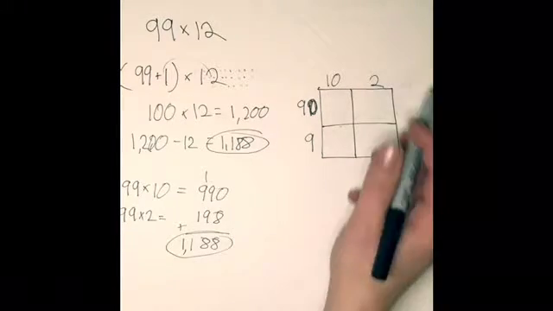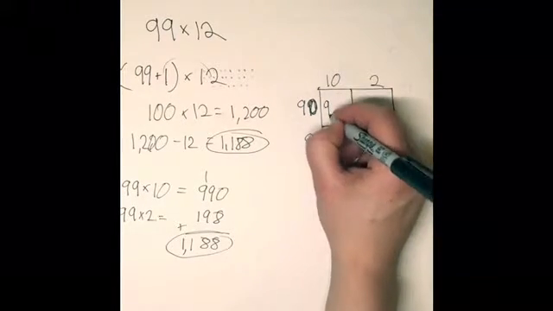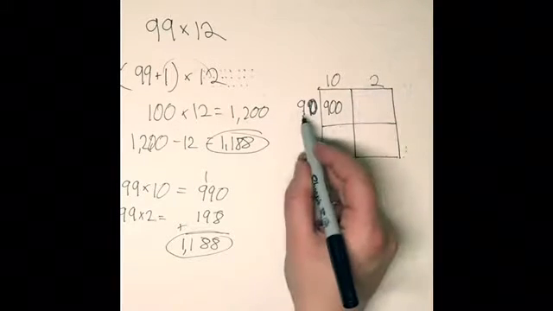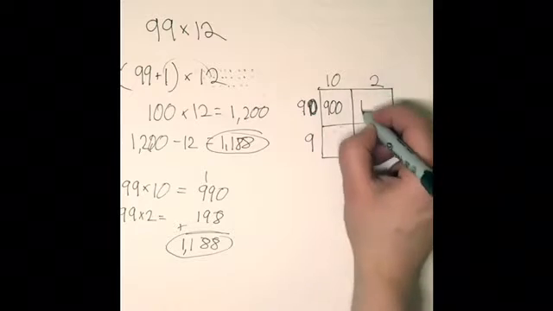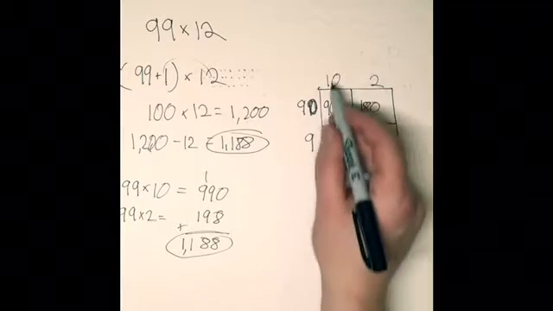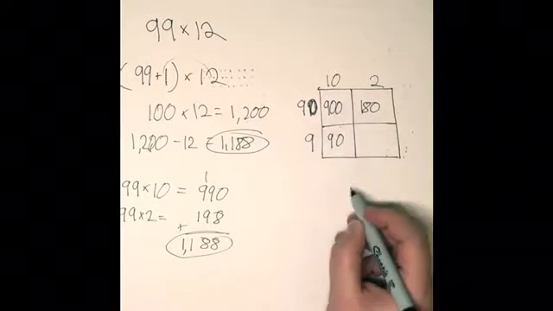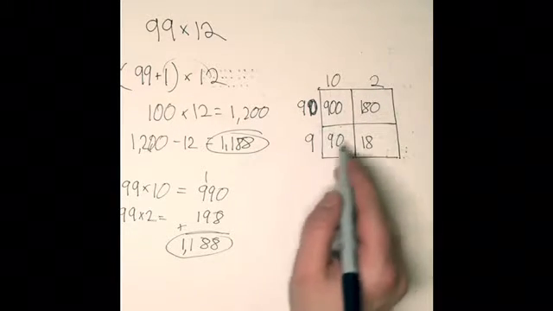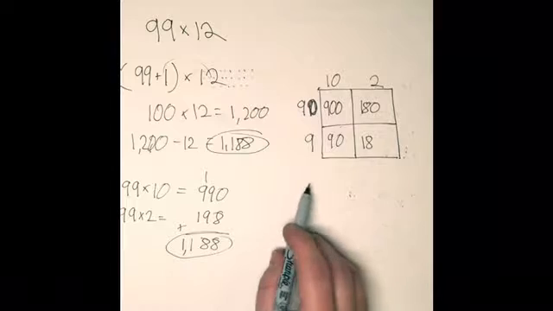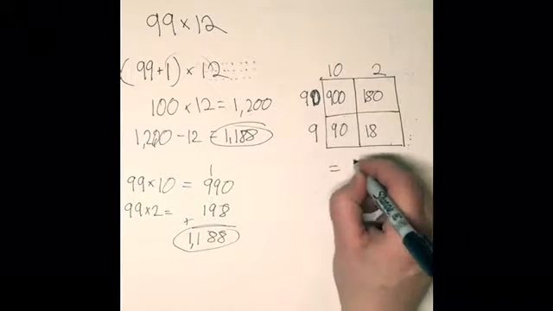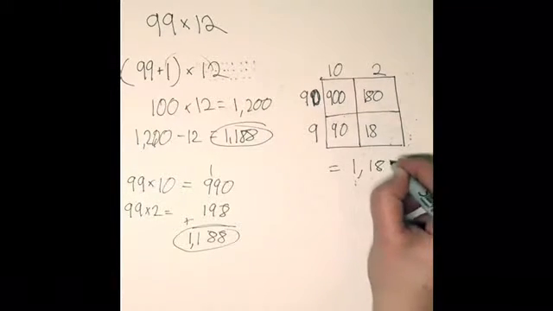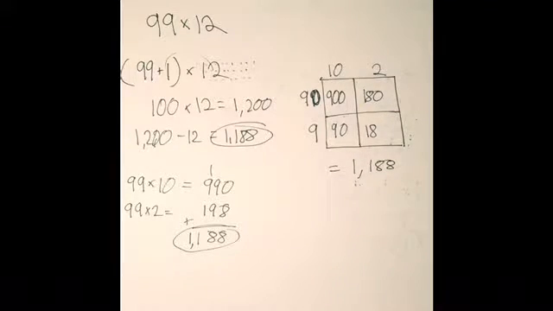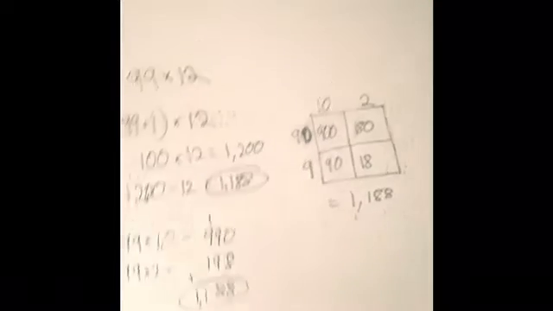So one student might draw this type of model and see that 90 times 10 is 900, 90 times 2 is 180, 9 times 10 is 90, and 9 times 2 is 18. All they would need to do is line these up and add them together, which would give them 1,188. That would be another excellent model for students to solve this problem.